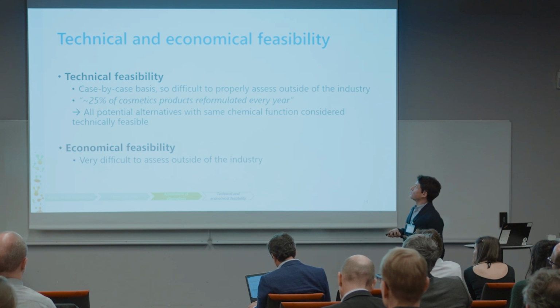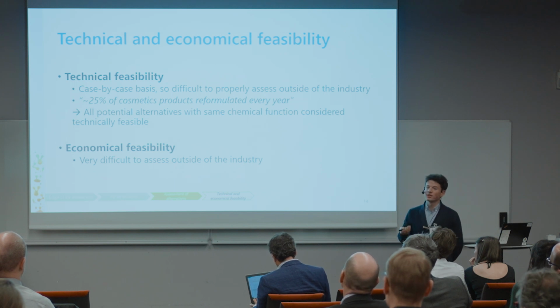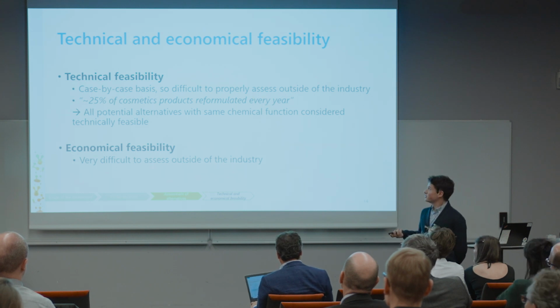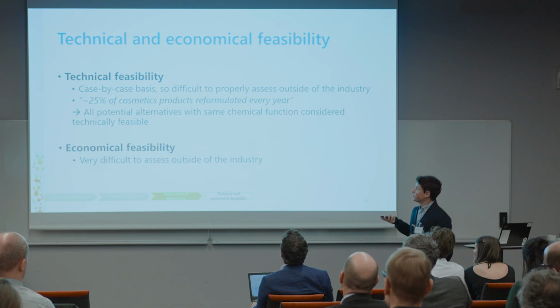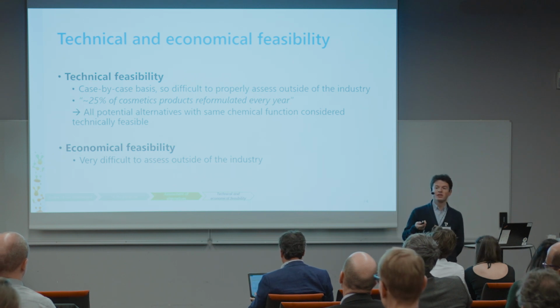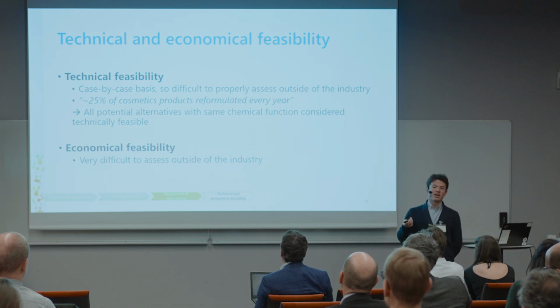Then concerning the technical and economical feasibility, for us as academia, it's really difficult to perform this because it depends a lot on the product and on the company who is using the substance. But concerning the technical feasibility, during the interview with industry, they told us that around 25% of cosmetic products are reformulated every year.